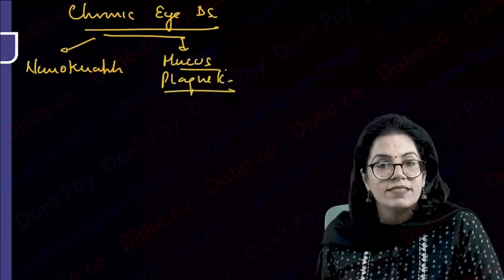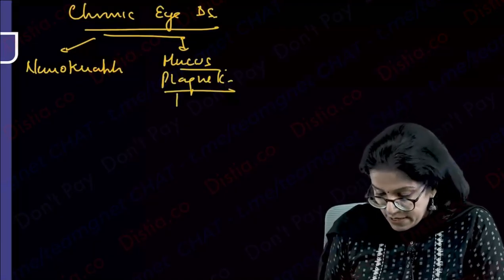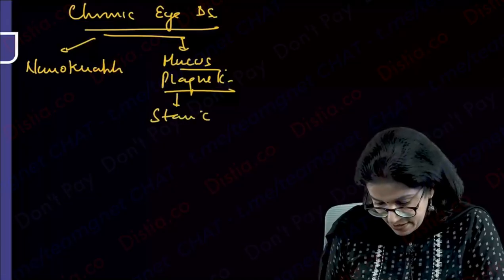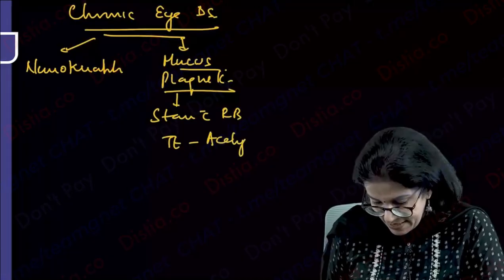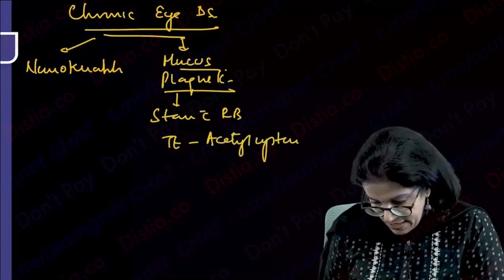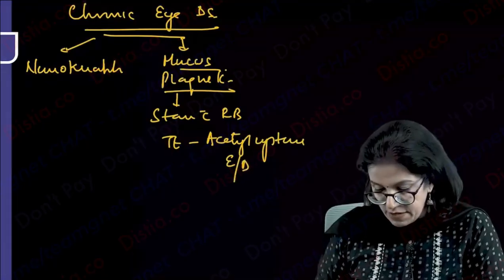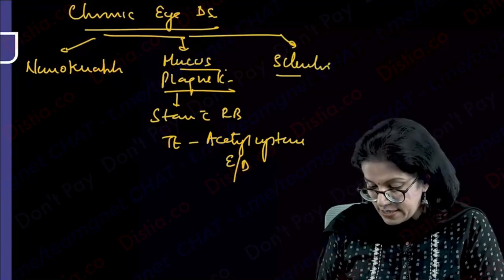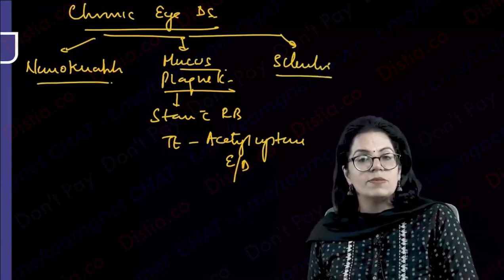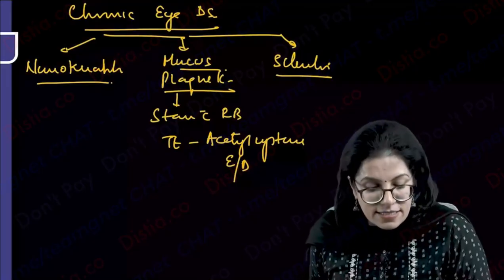Acetylcysteine eye drops, right? It will stain with rose bengal. Mucus stains with rose bengal and treatment will be acetylcysteine eye drops. Another thing, scleritis can be a part of chronic eye disease. So these 3: neurokeratitis, mucus plaque keratitis and scleritis.